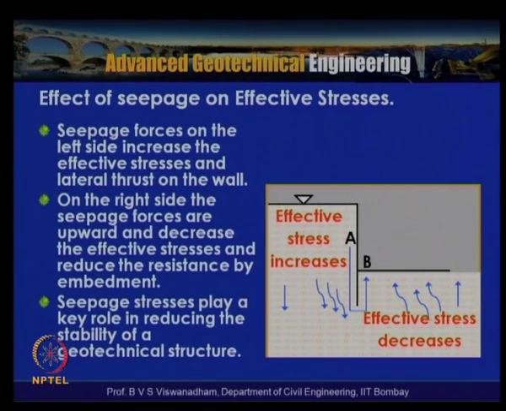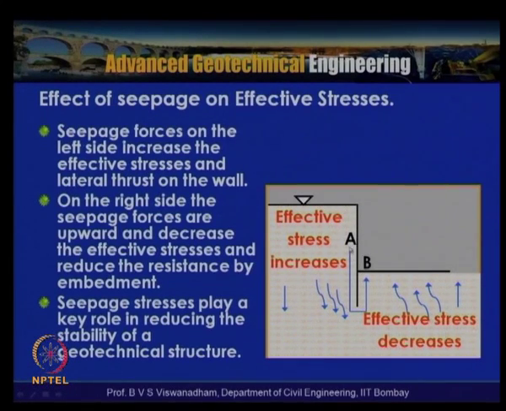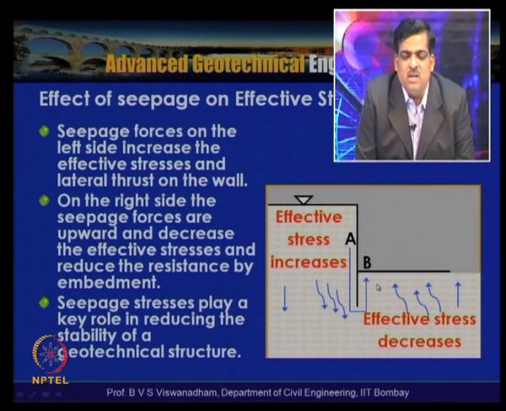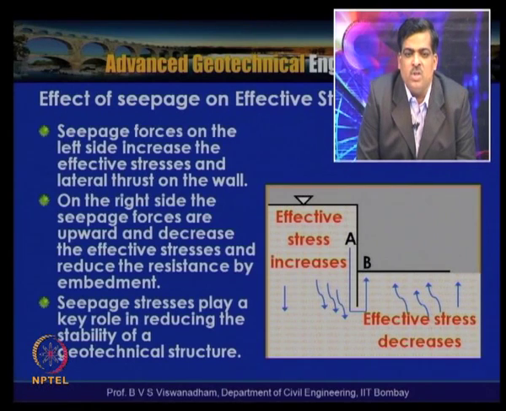So, if you take a hydraulic structure, the water is retained at the upstream and downstream. Here, when the water flows from A to B along this hydraulic structure, in this portion there is an increase in the effective stress, and in this portion there is a decrease in effective stress. This decrease in the effective stress creates a situation where there is a possibility of endangering the stability of the hydraulic structure.